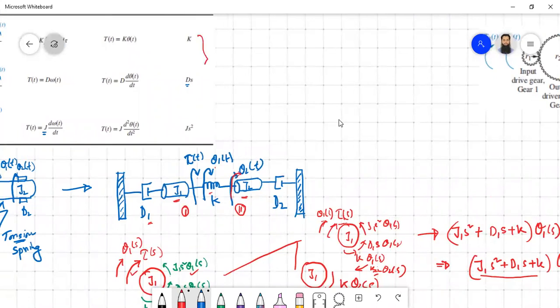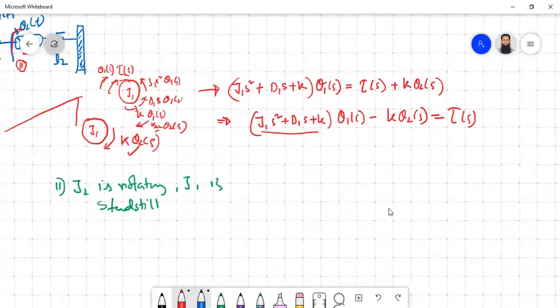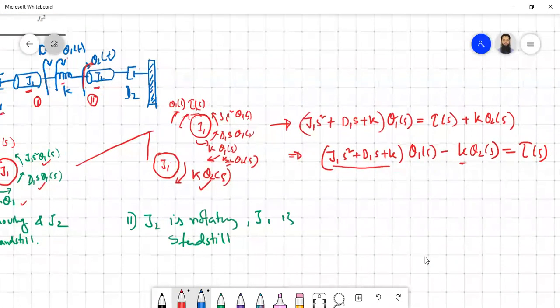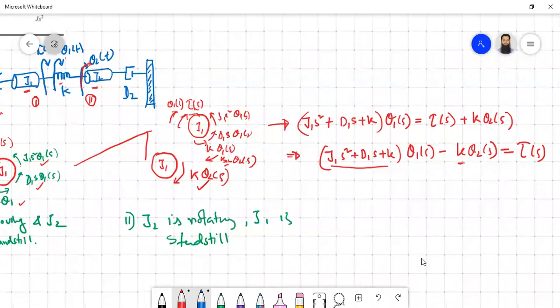So summation of the impedances with the angular rotation, and then the common impedance, which is K in this case, in between theta 1 and theta 2. We have K in between, so common impedance into the rotation of the other side, other loop maybe. Okay, so equal to your torque.